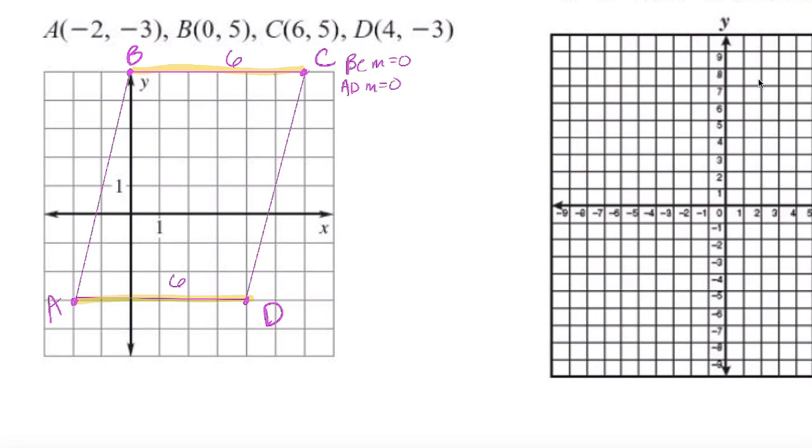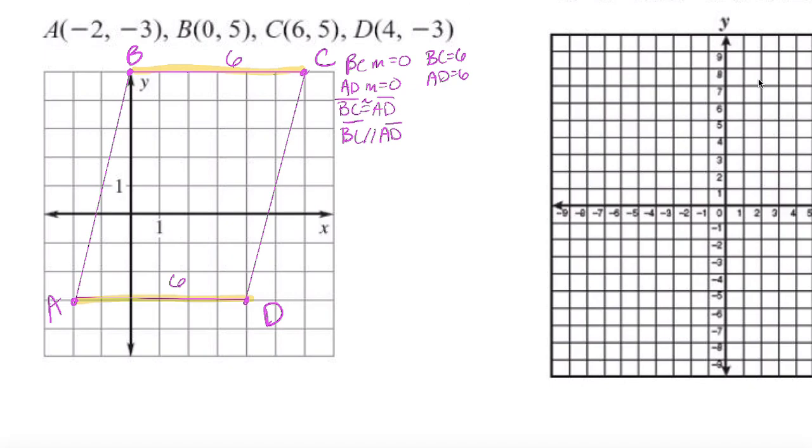And I can know that BC is equal to AD, or that the segments are congruent to each other. And we can see that we have a set of sides that is parallel to each other because they both have a slope of 0. And we can see that that same exact pair of sides is congruent to each other because they both have a length of 6. So I'm going to add that BC equals 6 and that AD equals 6 to kind of support my conclusions here.